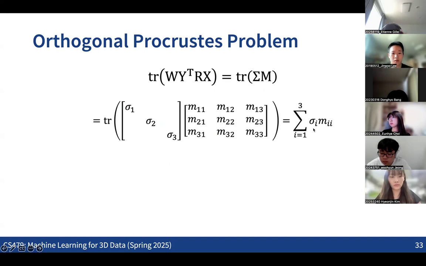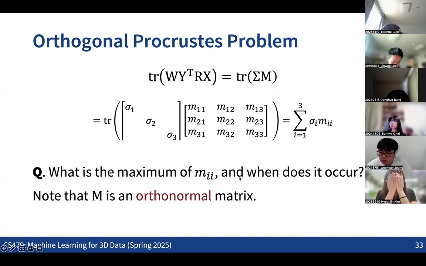So here the question is, how can you choose the rotation matrix R in terms of maximizing this, right? Before that, let's think about choosing the matrix M to maximize this. Then when would the term be maximized? We want to maximize each of the diagonal terms here, in terms of the weighted sum, right? So what is the maximum value of the diagonal elements of the matrix M, and when does it happen? Here we know that this matrix M should also be an orthonormal matrix, right?